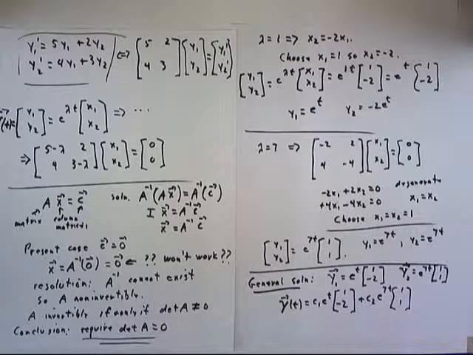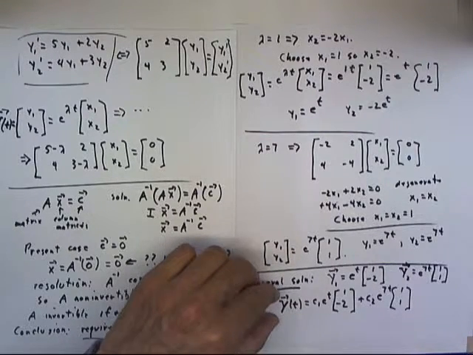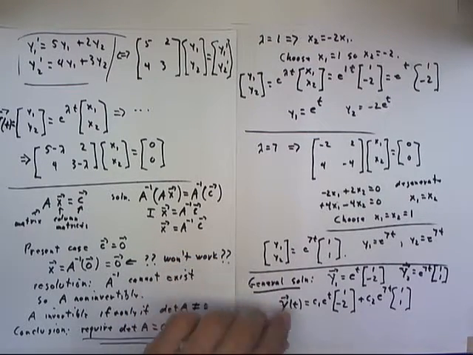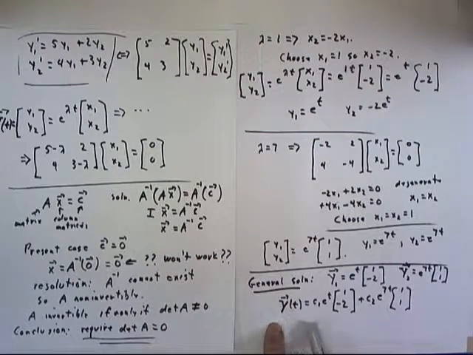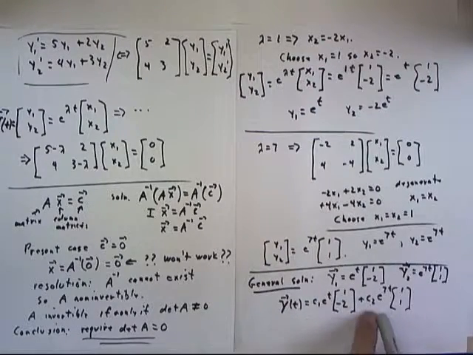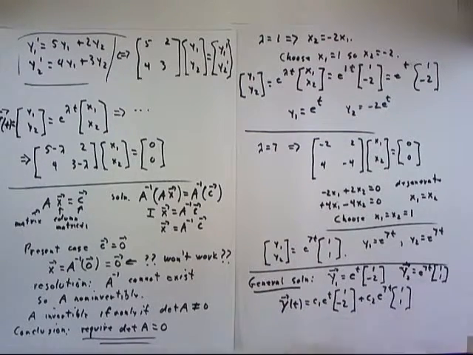So our general solution is a y of t, a vector y of t consisting of two scalar functions. And this vector function is going to be c1 times the vector function y1 plus c2 times the vector function y2.